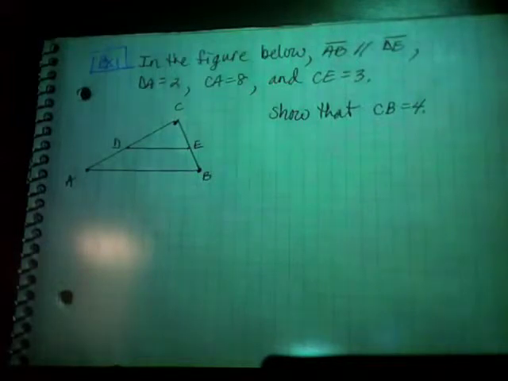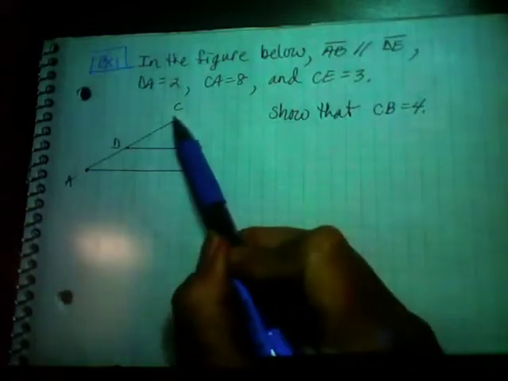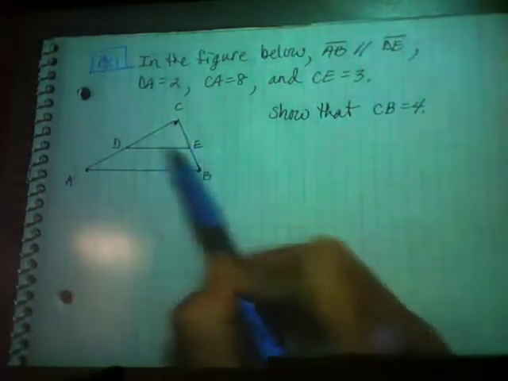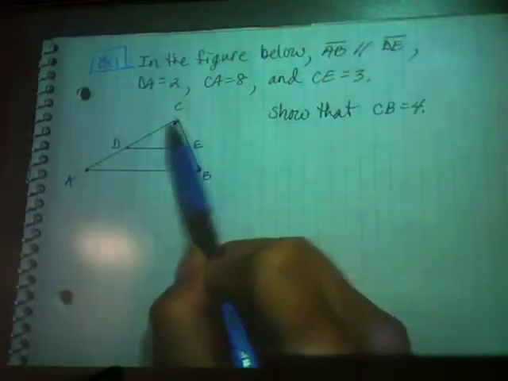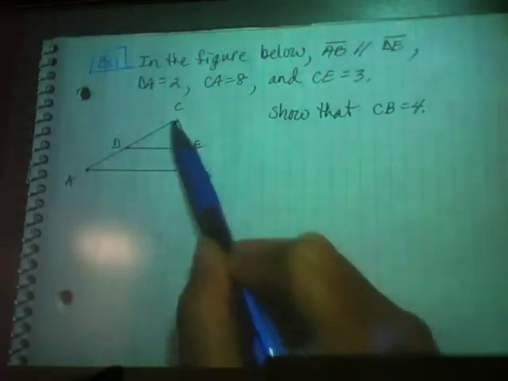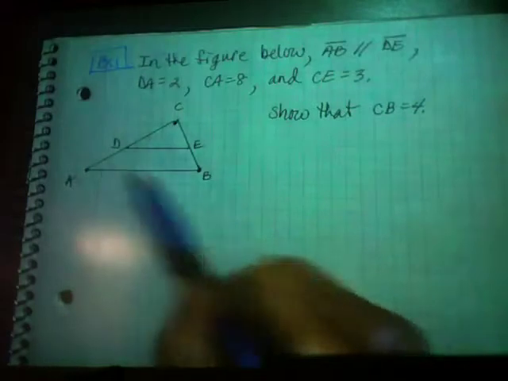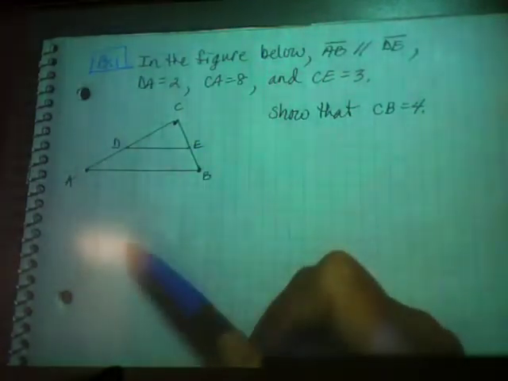So now you're going to start to see pictures where you have overlapping triangles. Remember that we have to first determine that we have similar triangles before we can apply any proportions to this. So I have this triangle here, CDE, the little one, and I have the big triangle right here, CAB. So these two are overlapping each other.